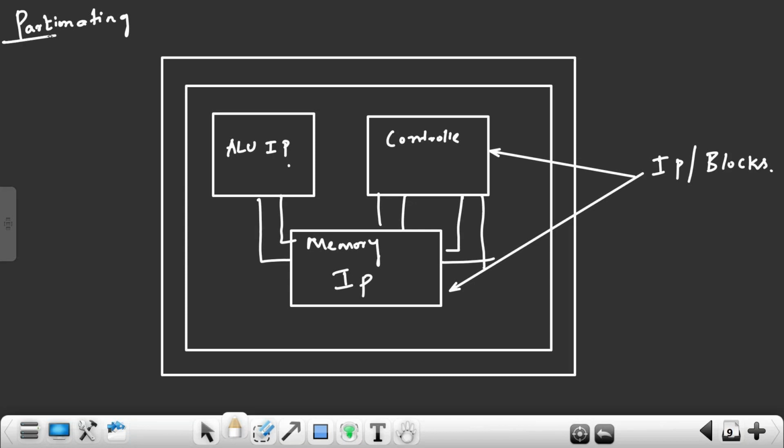If I have a full chip with more cells, they will partition it into different blocks. This is B1 block, this is B2 block, this is B3 block. Each block is given to one engineer, who does physical design for each and every block. These blocks are given to the full chip level designer. He will integrate all the blocks, and after integration, he will generate the GDS2 file, and that is sent to fabrication.